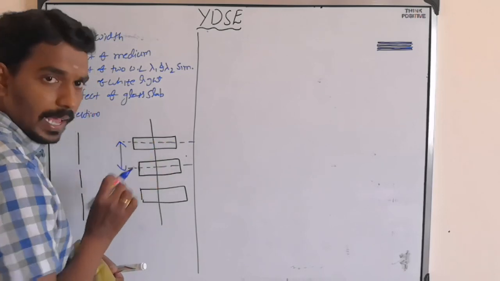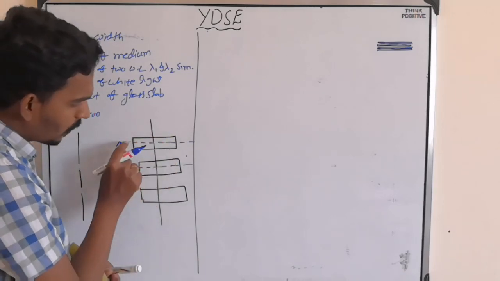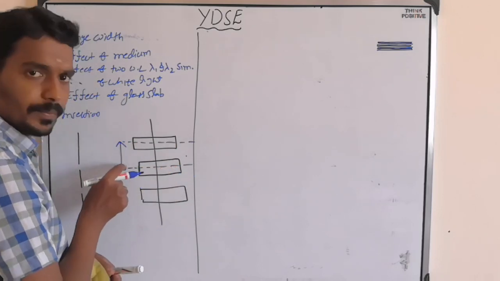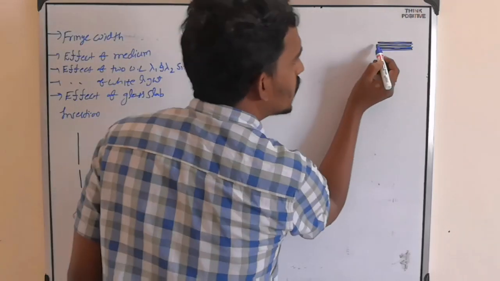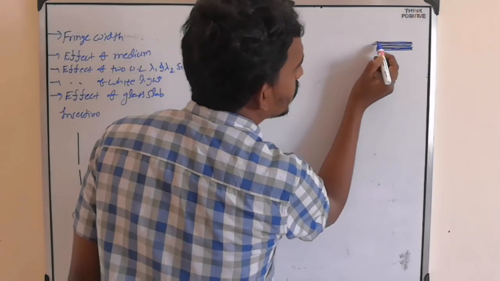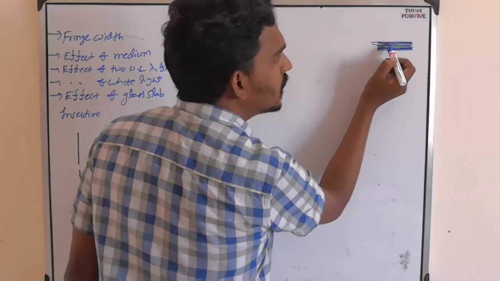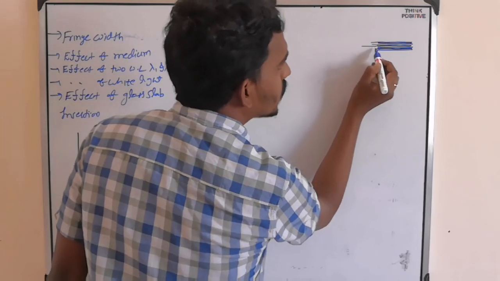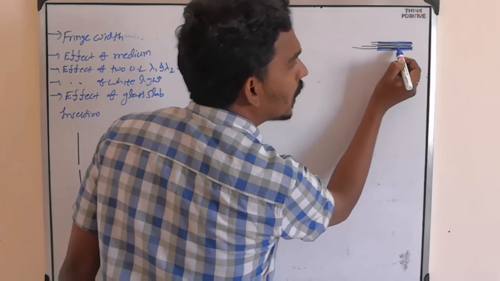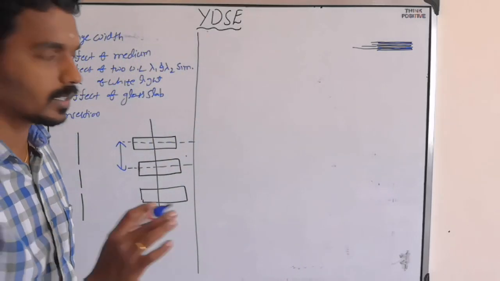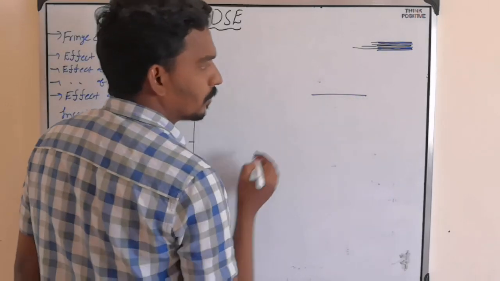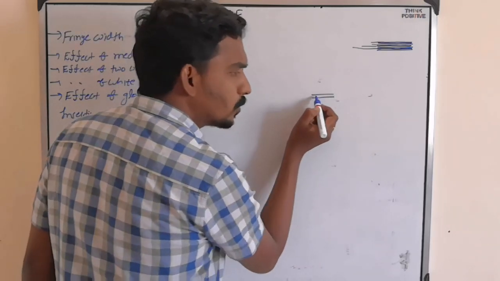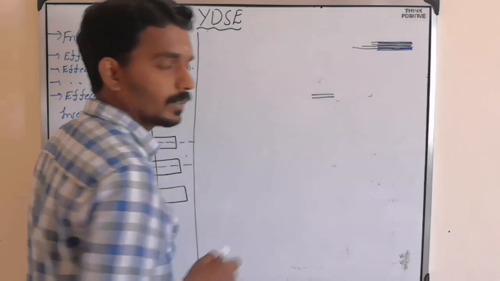It is almost like a line, so don't take it like a thick band. The distance between two successive bright fringes is the width of dark. The distance between two successive dark fringes is the width of bright. Please try to understand. This is bright, this is bright, and the distance between them is the width of dark.